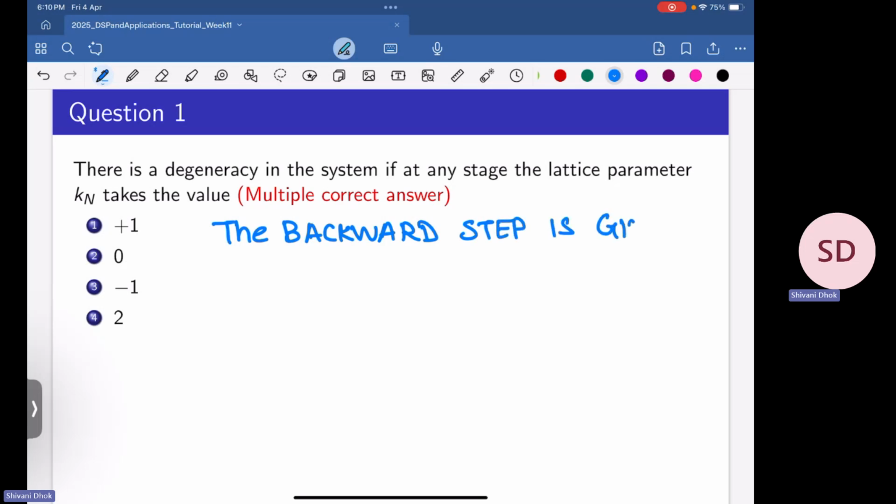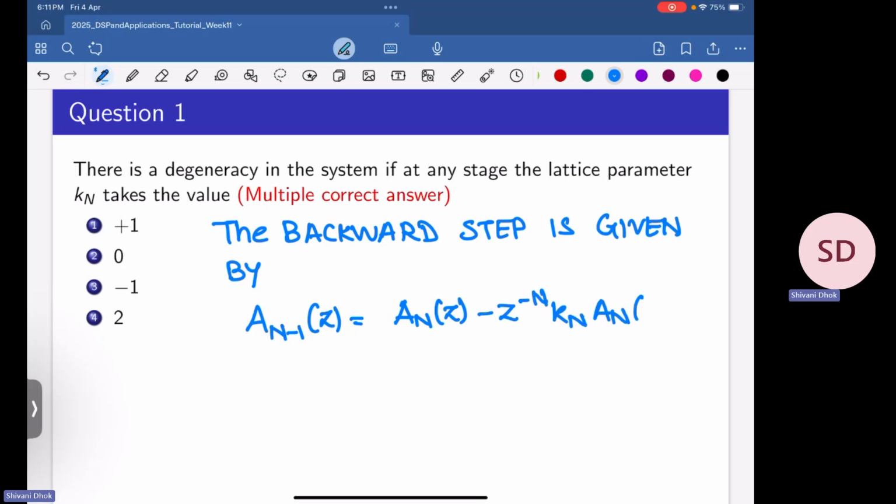The backward step is given by A_{n-1}(z) is equal to [A_n(z) minus z to the power minus n kn A_n(z inverse)] divided by 1 minus kn square.